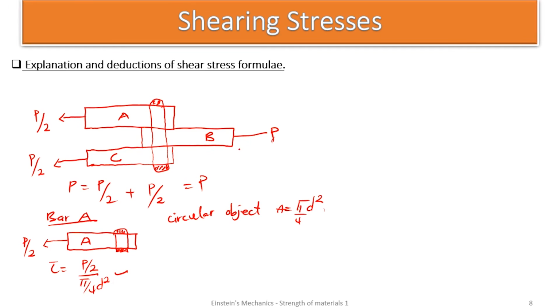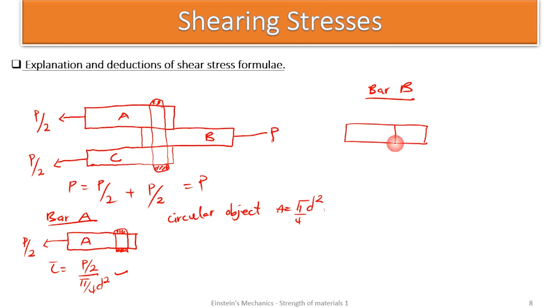What of bar B, where the force P is acting? So inside the bar B, this is what's going to happen. I'm going to get a free body diagram of the bar this way, and this is the rivet.